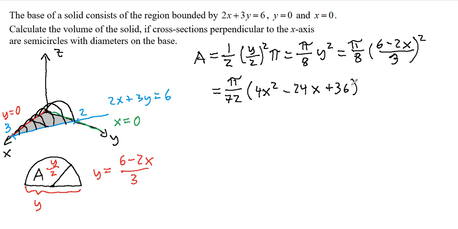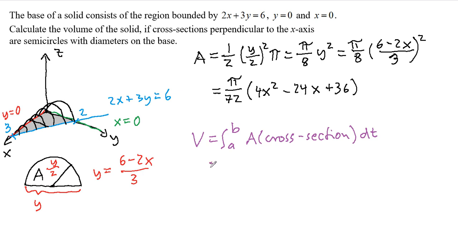We are now in a position to express the volume of our solid. So V is equal to the integral from a to b of the area of a cross-section integrated with respect to a suitable variable.